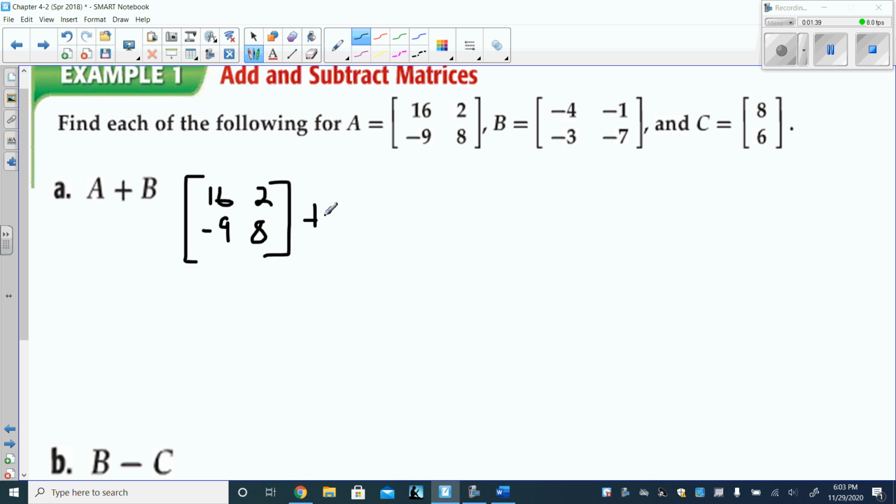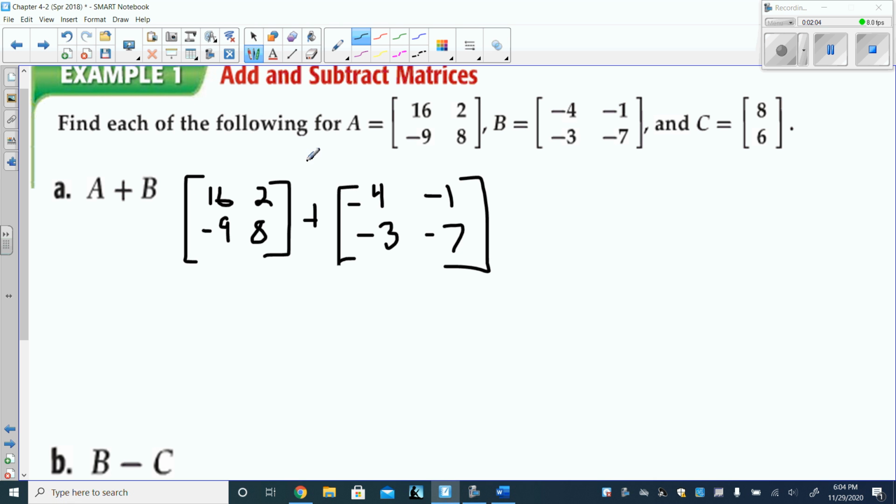And we're going to add to it matrix B, which is -4, -3, -1, and -7. So we're adding these two together. Now the first thing, like it said, for us to be able to add or subtract two matrices, they have to have exactly the same dimensions.